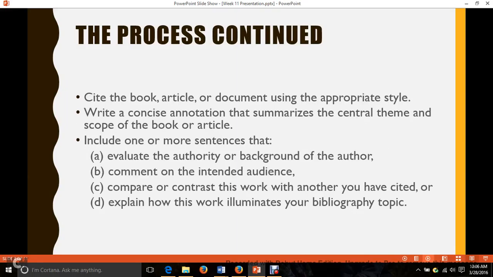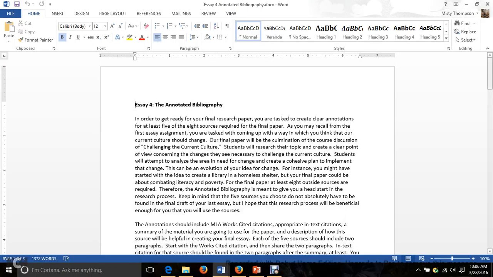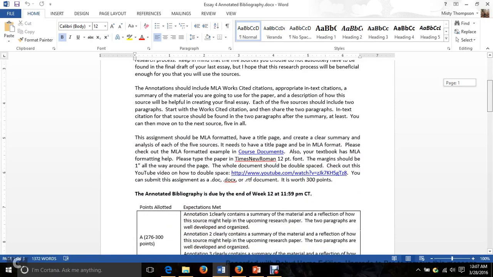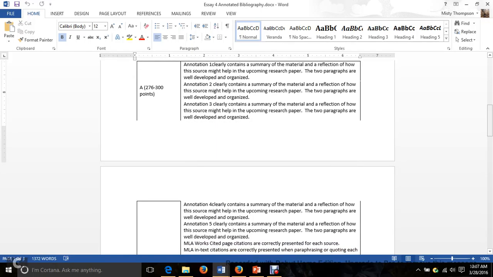So let's break down the actual annotation itself. So for each source, each of the 5 sources that you find, you are going to cite those sources. And if we look at the actual assignment description for the annotated bibliography essay, if we look down at the rubric, we're just going to look at the A section because we all want to get A's. Since there's 5 annotations here, each one needs to clearly contain a summary of the material and a reflection of how that source might help you in the upcoming research paper.